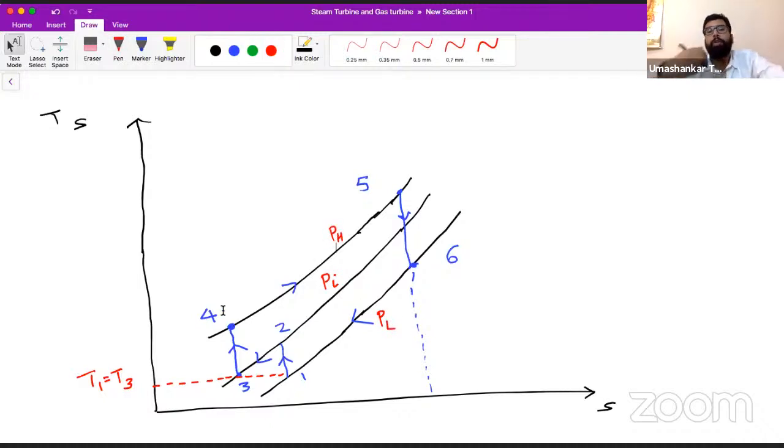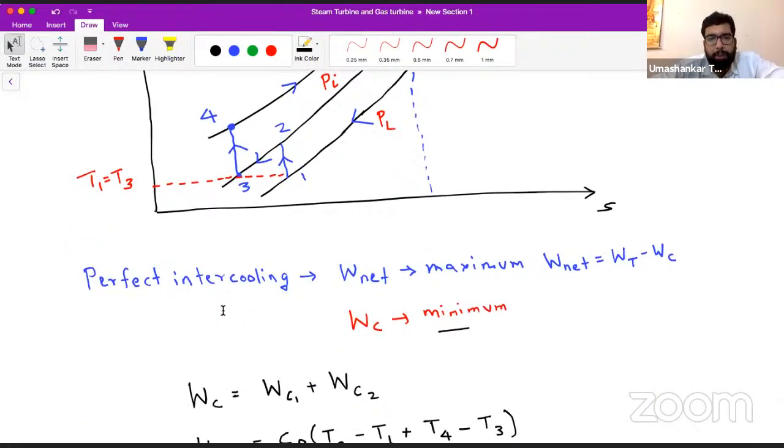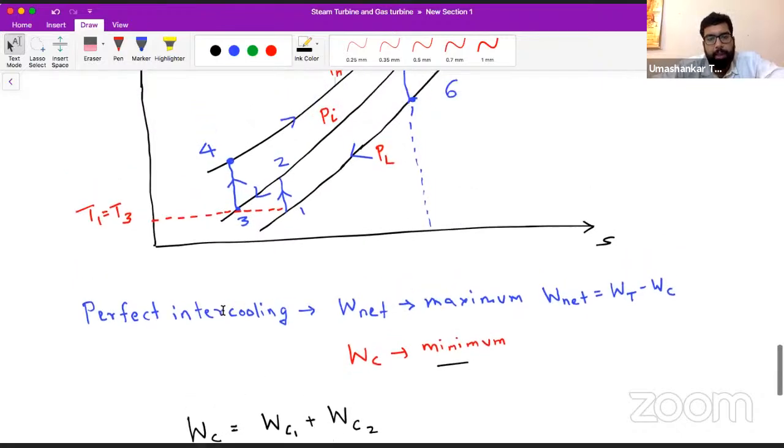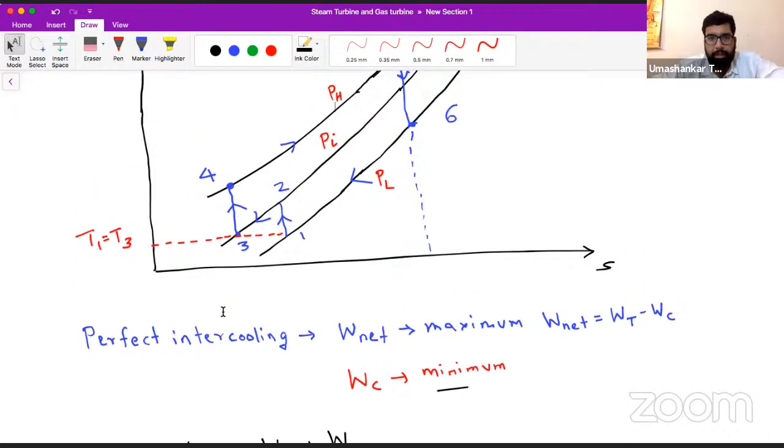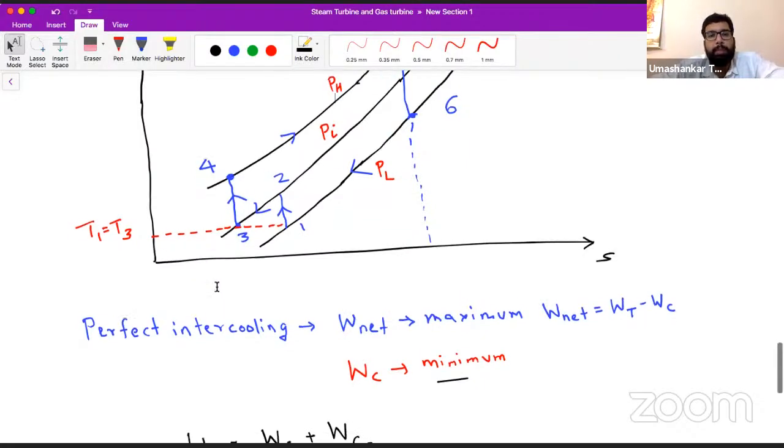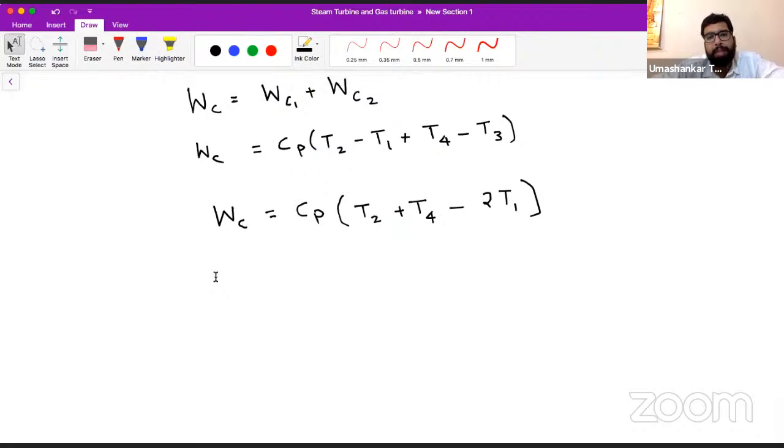What kind of question can be asked from this: if our lower pressure, or our cooler pressure, is this, and if our higher pressure, that is the combustion chamber pressure, is this, what should be the intermediate pressure so that we get the minimum compressor work, or we obtain the maximum net work output.